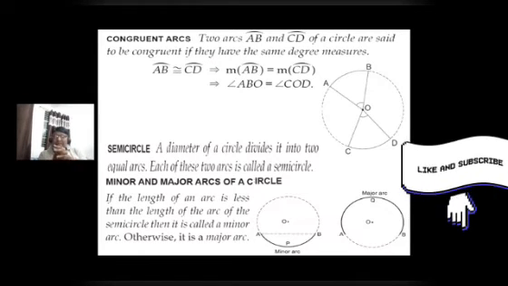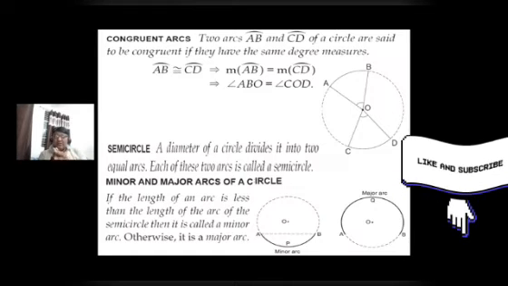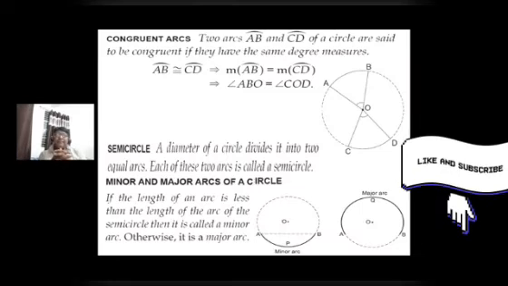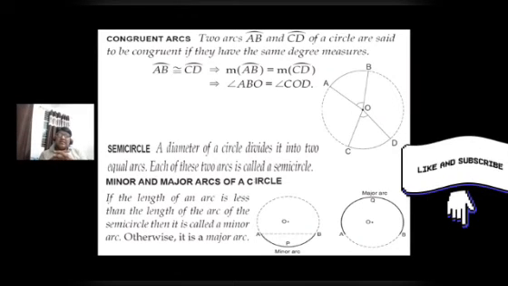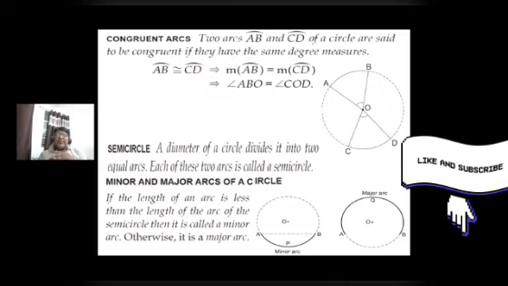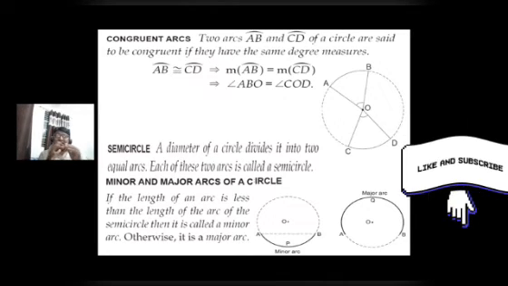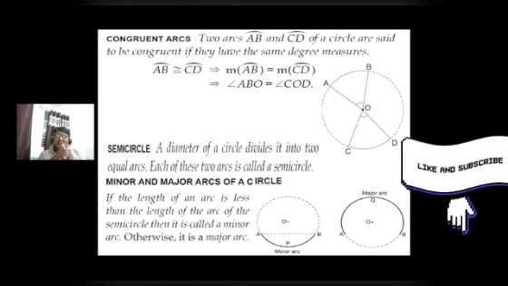The next one is semicircle. Whenever a diameter is drawn, it divides the circle into two equal parts, and each of the two arcs is called a semicircle.